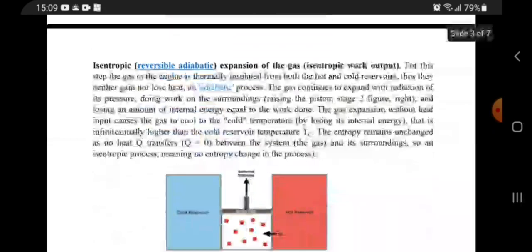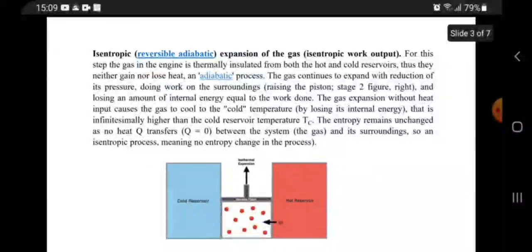Next, we have discussed the isentropic process, the reversible adiabatic expansion of the gas, that is isentropic work output. For this step, the gas in the engine is thermally insulated from both the hot and cold reservoirs.